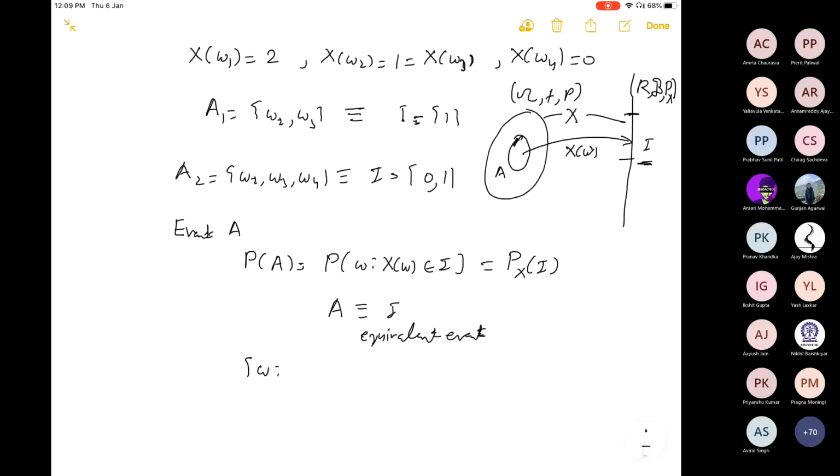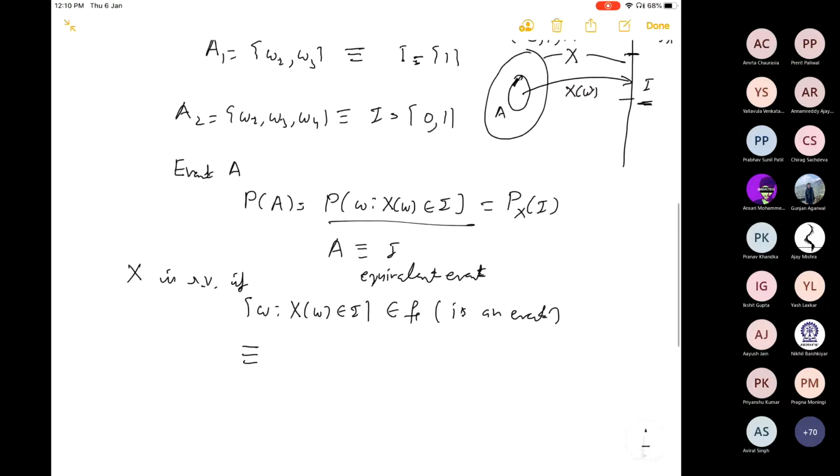The assignment for I, which is a subset of R, meaning the probability P of omega such that X of omega belongs to I, is meaningful if the set of omega such that X of omega belongs to I is an event. So it should be an event. Then it is meaningful. Then X is said to be a random variable if this happens.